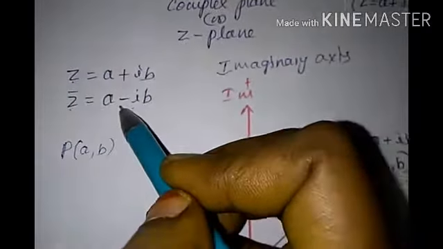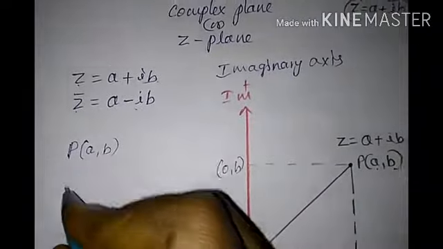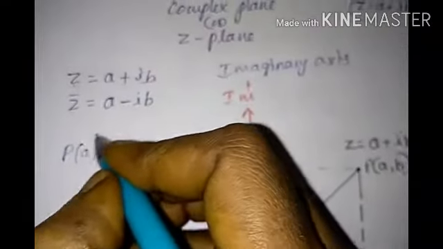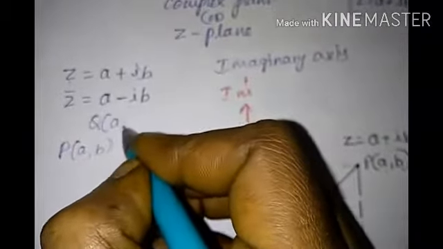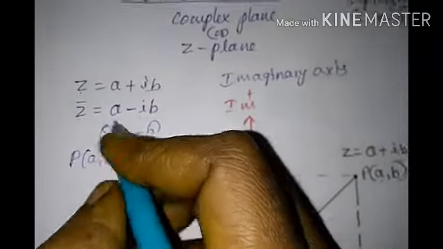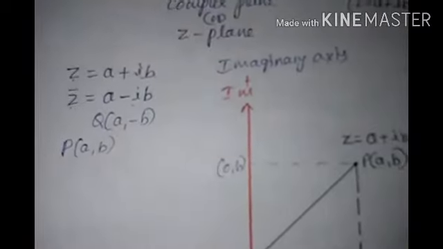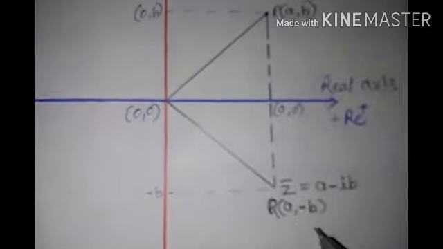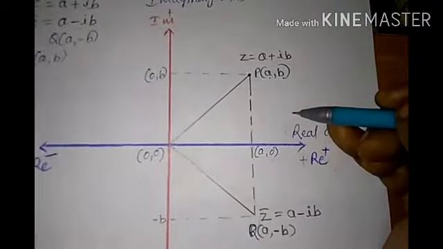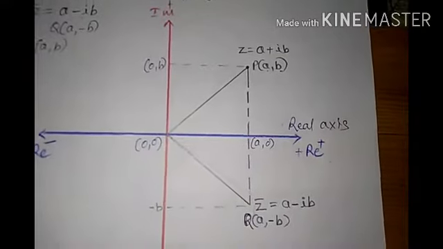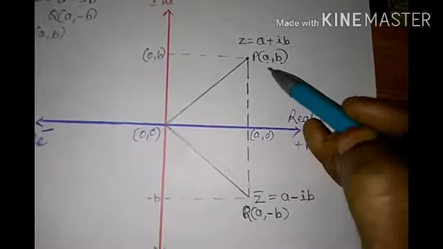So z bar equals a minus ib. This can be written as the point Q (a, minus b). We can represent the conjugate of the complex number on the complex plane in this manner.